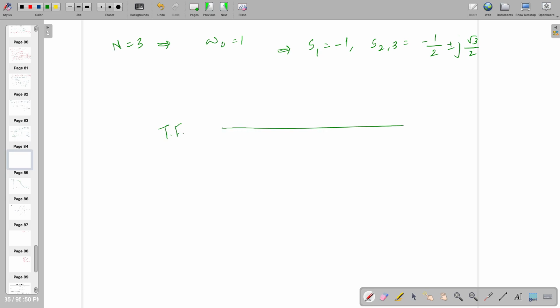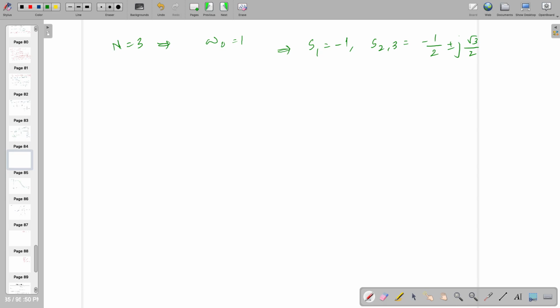The Butterworth transfer function will look as follows, right? So if you stick to this one, you will get the answer at a certain place. So let's assume that you are designing a third order filter. Let's write down the transfer function. How does it look?